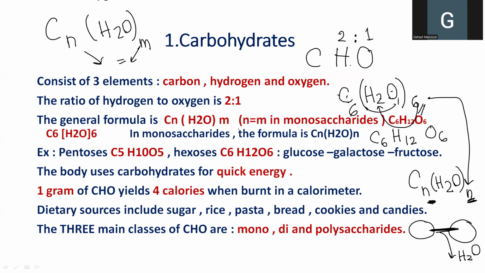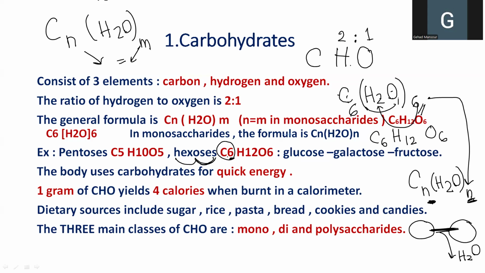By the way, because the chemical structure of glucose involves 6 carbon atoms, and because it is a sugar, the name will end in "ose," which is the suffix for all sugars, and hexa means 6.